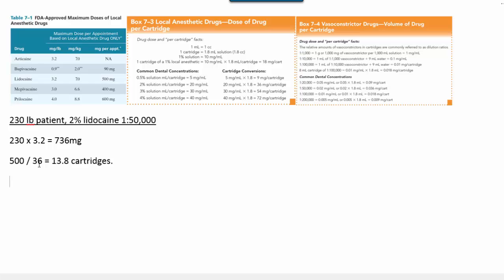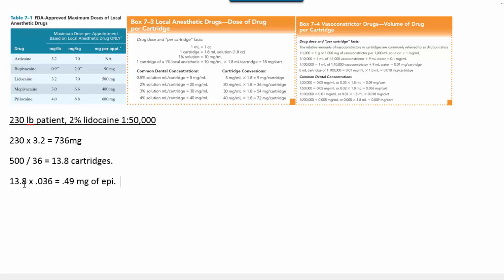But let's determine how much epinephrine that is. A 1 to 50,000 carpule, we look over here, has 0.036 milligrams of epinephrine, according to box 7.4. So 13.8 cartridges times 0.036 milligrams of epinephrine per cartridge equals 0.49 milligrams of epinephrine.